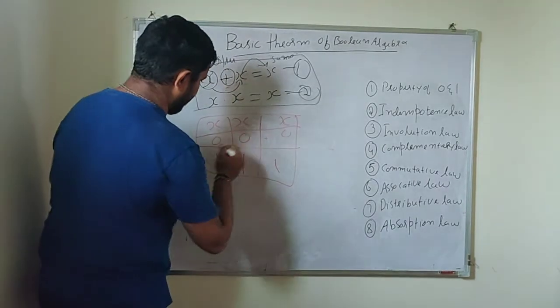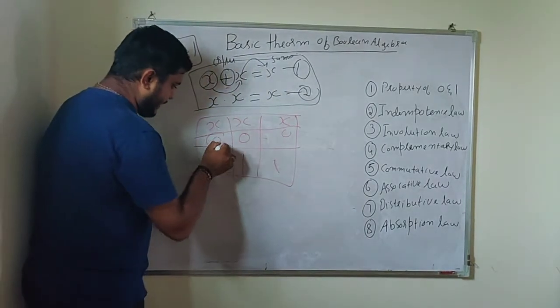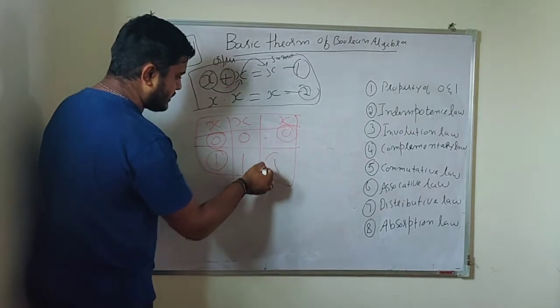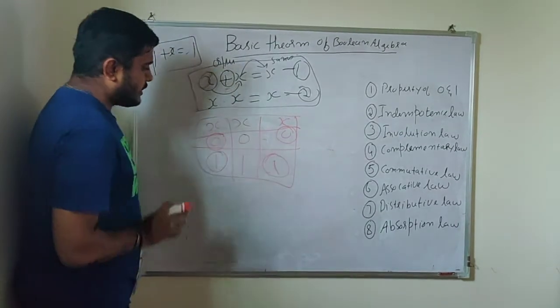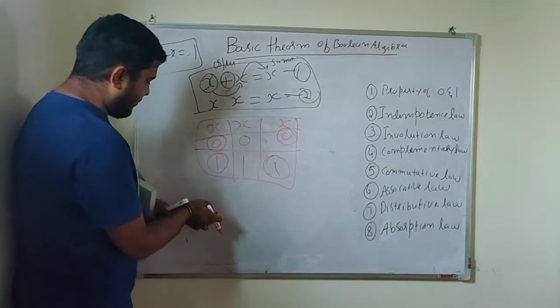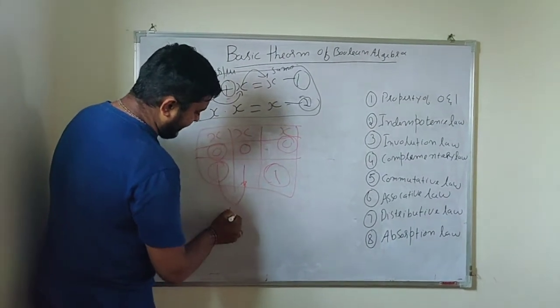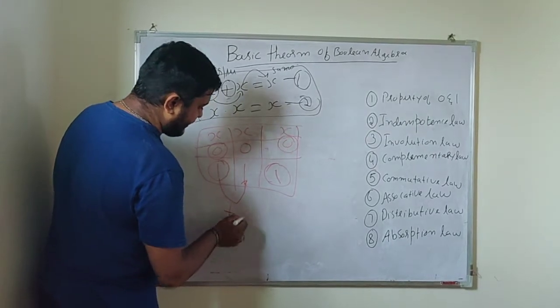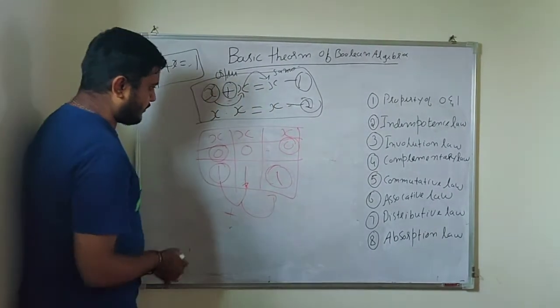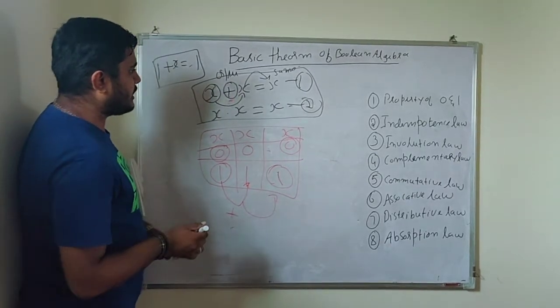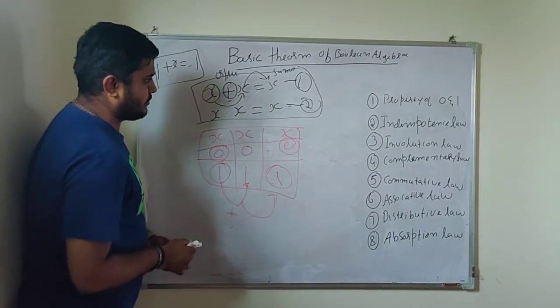So here you can see that if I take an x value, the answer will be the same. If a variable is combined with the same variable using an AND gate or OR gate, the answer you obtain will be the same. This is what the independent law theorem states.